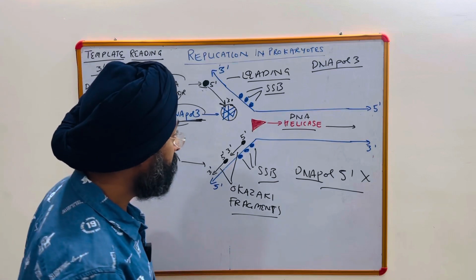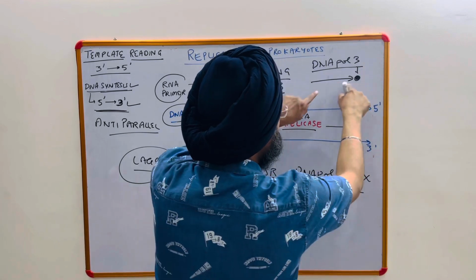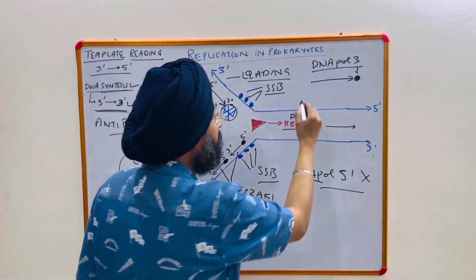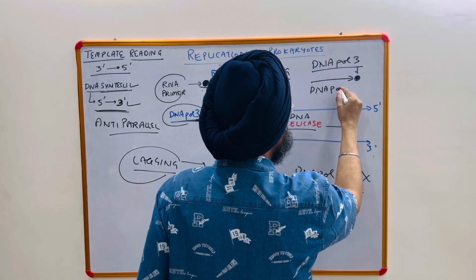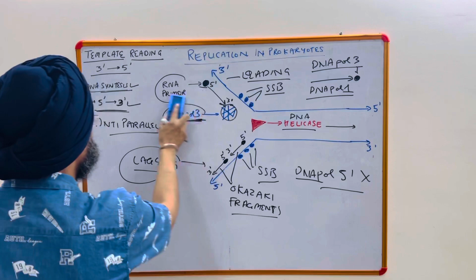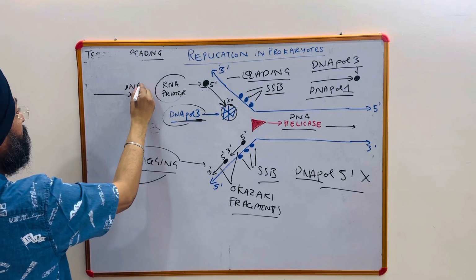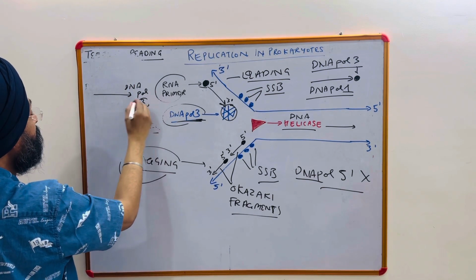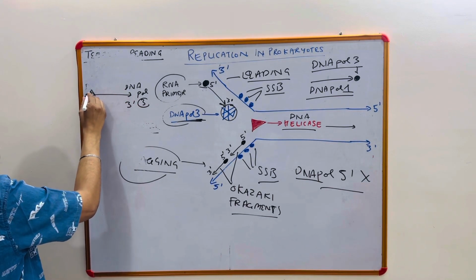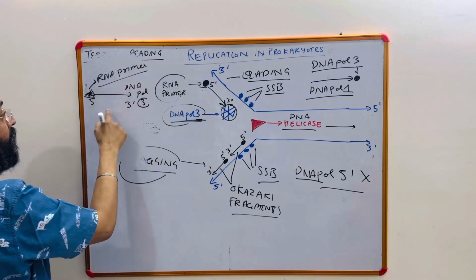When there is synthesis by DNA polymerase 3, a long strand is being synthesized, and after that comes the role of DNA polymerase 1, right? This is DNA, and this is DNA polymerase 3, which is synthesizing in the 5 prime to 3 prime direction, right? Here we have the black one, RNA primer, on which we are synthesizing the DNA.